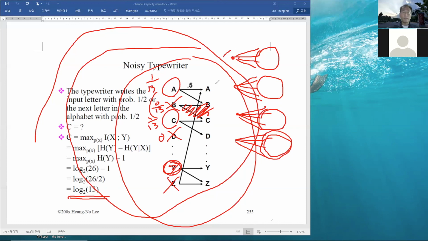Then basically capacity is the number of code words that you can choose at the input space, a set of vectors. In this particular example, 4 vectors. Basically, that's the capacity of this channel.